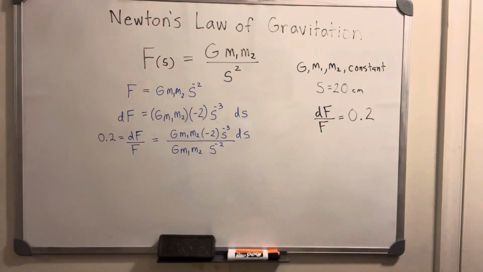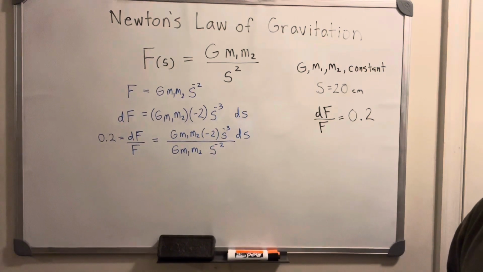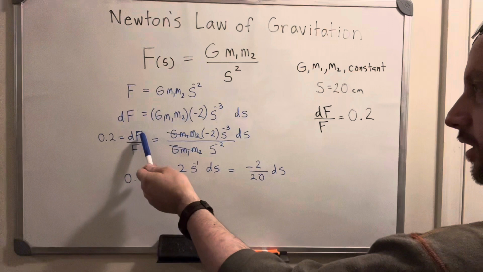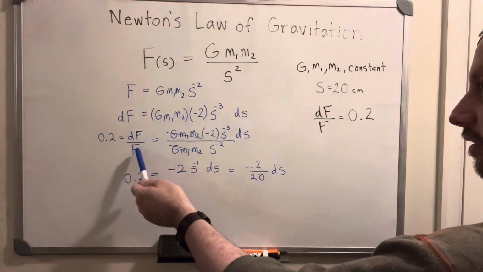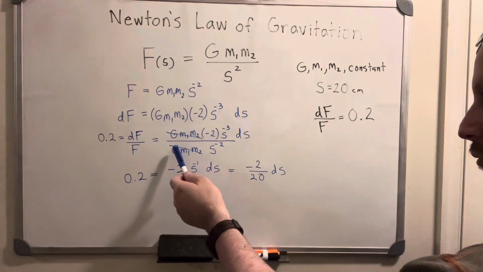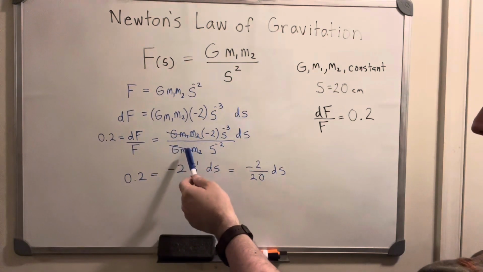Let's simplify this. Pause the video and see if you can do that. And if I didn't make any algebraic errors, we're talking about the ratio dF over F being 0.2, and here we're canceling out the G m1 m2 on the top and bottom.